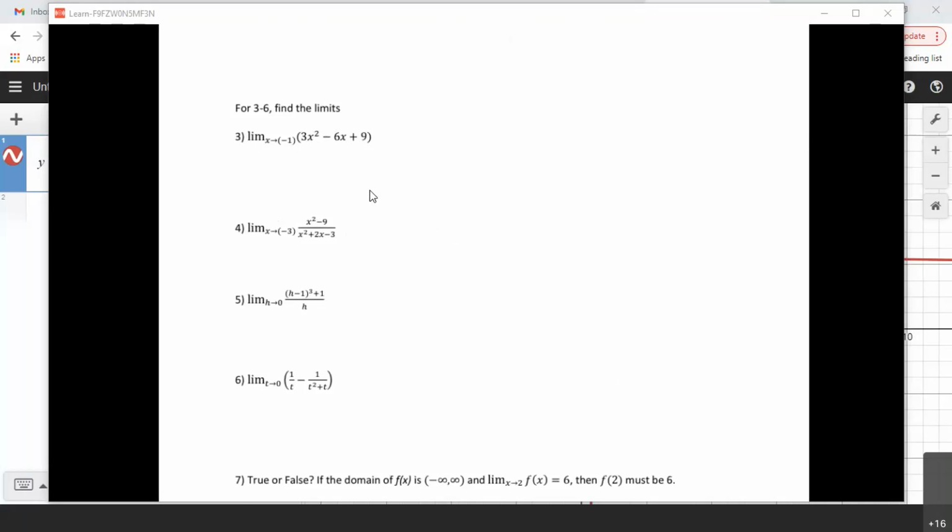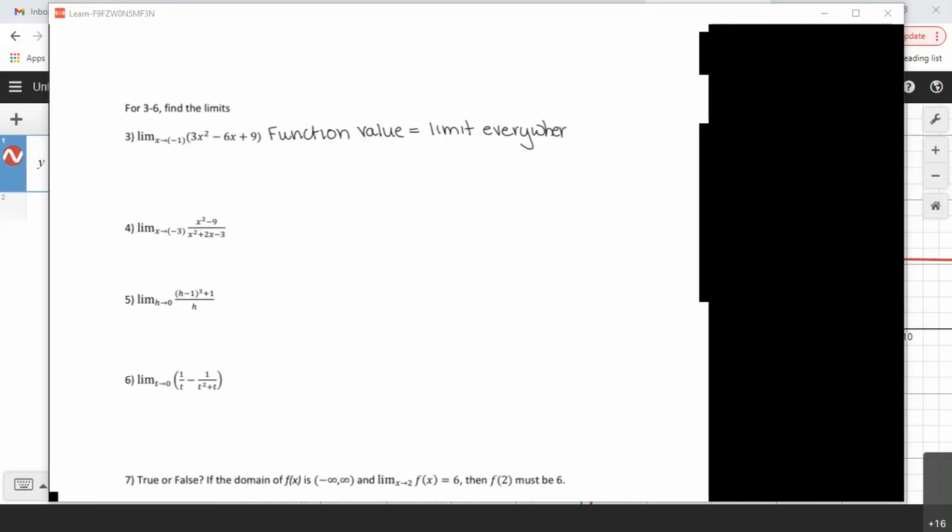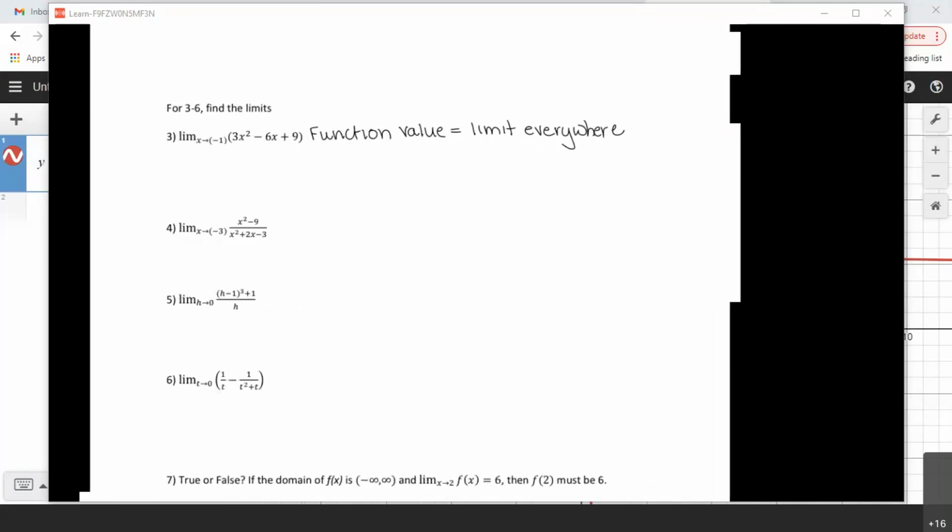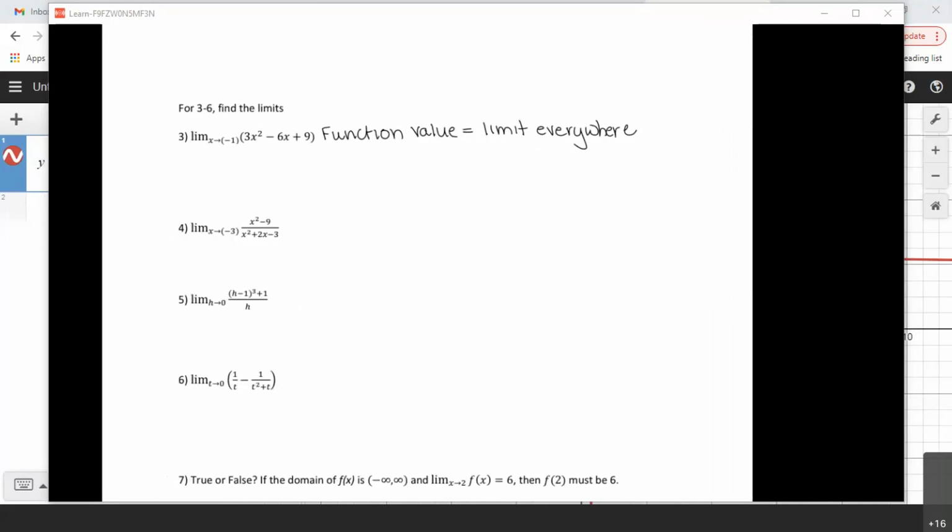So I know for every point in this graph, the function value will equal the limit, because it's continuous. Everybody understand that? So because of that, all I need to do is plug in -1.